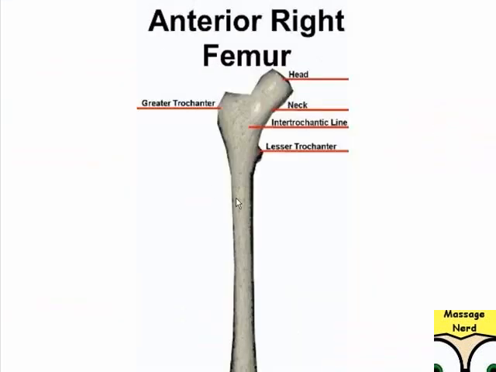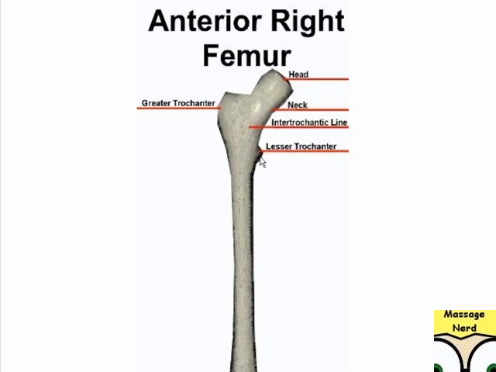Anterior right femur bony landmarks. First one, greater trochanter, head, neck, intertrochanteric line, right here.